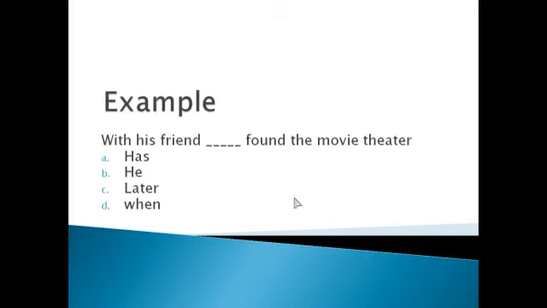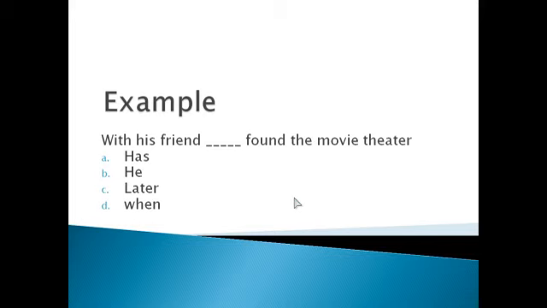You should notice the verb found and should also notice that there is no subject. Don't think that friend is the subject. Friend is the object of the preposition with. And one noun cannot be both a subject and an object at the same time.